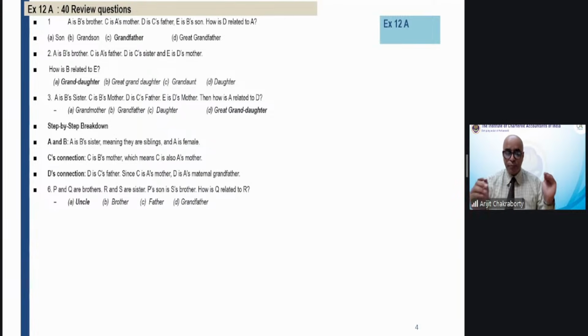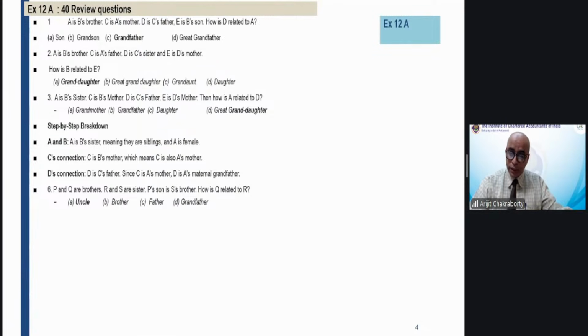So we know that P and Q are brothers, and P's son is S's brother, and we know R and S are both sisters, so they are female. P and Q are brothers, R and S are sisters. That means P and Q both are male, R and S are female, and P's son is the brother of S.